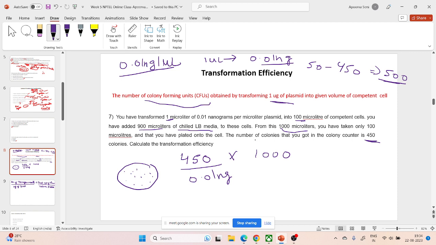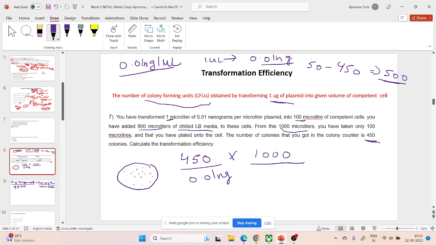Now the volume plated. In 100 microliters of competent cells, 1 is very small, so we are not taking it as 101 because it is close to negligible. So 100 microliters plus 900 microliters gives you 1000 microliters. But if you plate the complete 1000 microliters on this plate, you will not be able to screen individual colonies. Did you understand why from 1000 they have only taken 100? You might say that plating the whole volume would give more colonies.